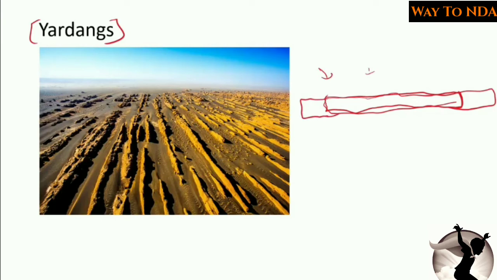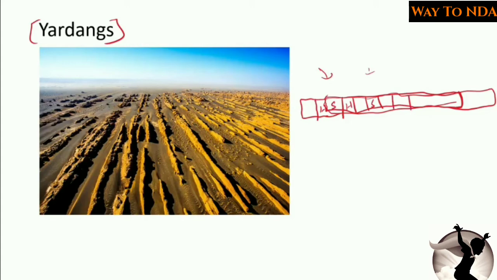Now what will happen if it has alternate layers of hard and smooth rock? This may be a hard surface, this may be smooth, again this may be hard, this may be smooth.